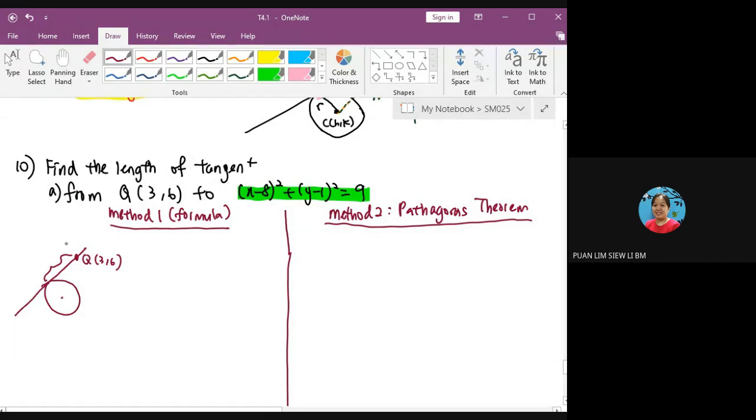First of all, change the standard equation of the circle, x minus 4 squared plus y minus 1 squared equals 9, to general form. So expand this.